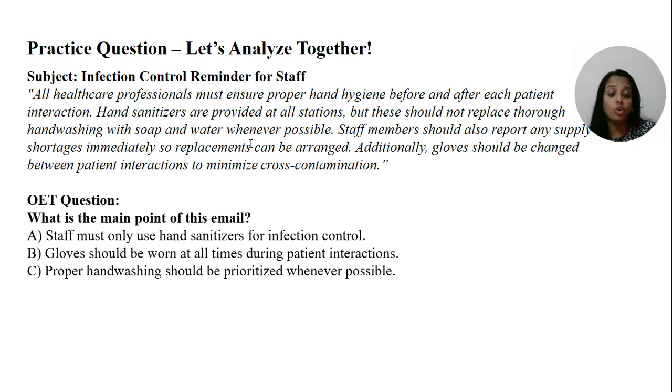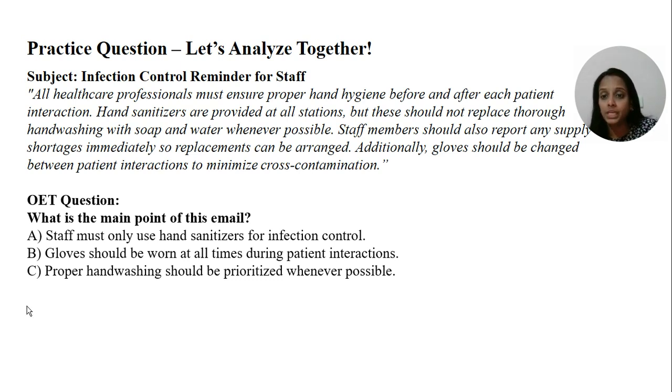But when it comes to options, first you need to analyze the options. The option A, staff must only use hand sanitizers for infection control. This is wrong because the email clearly states that sanitizer should not replace proper hand washing.